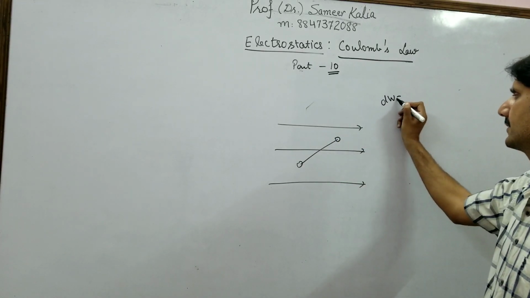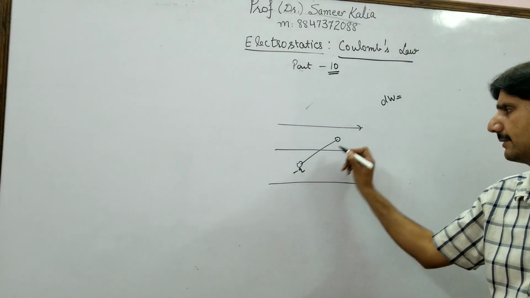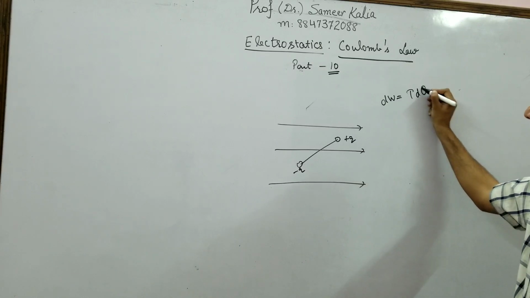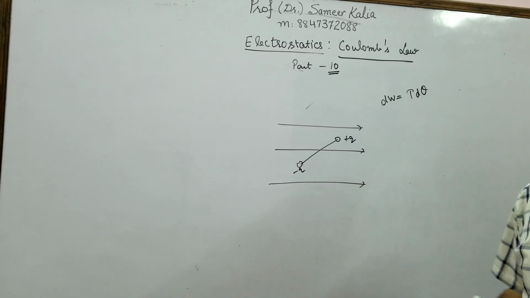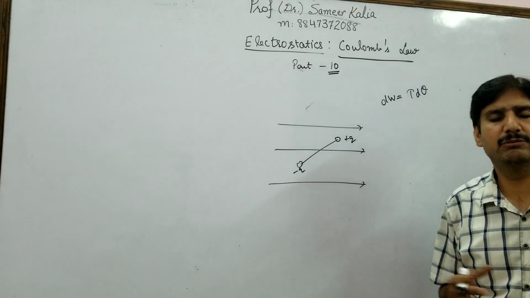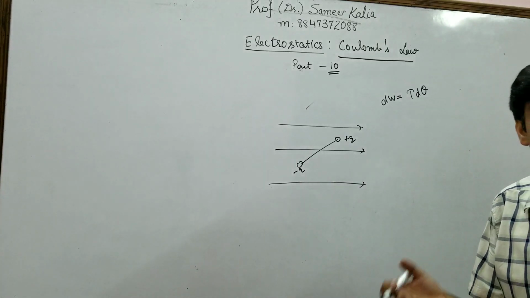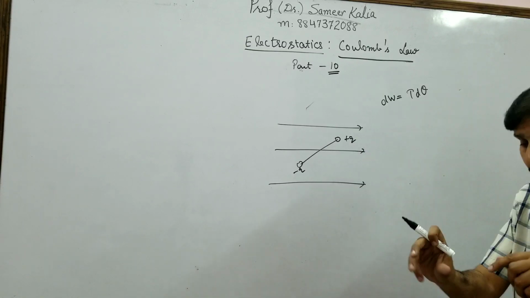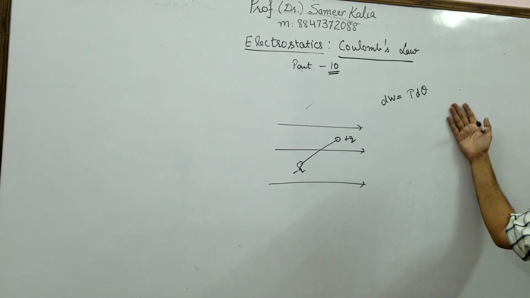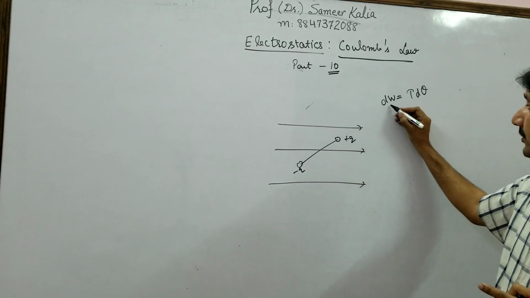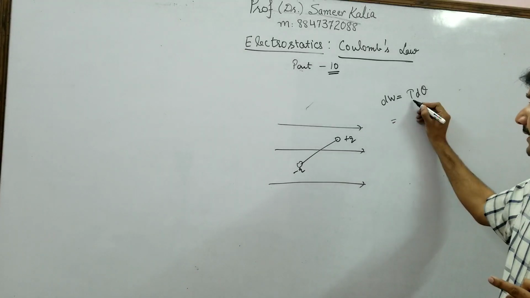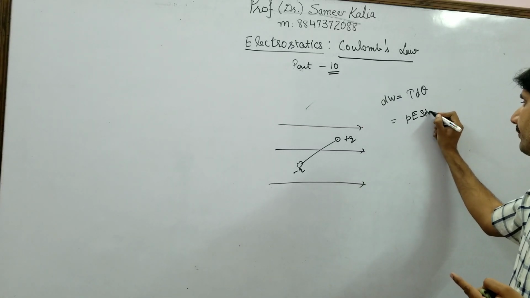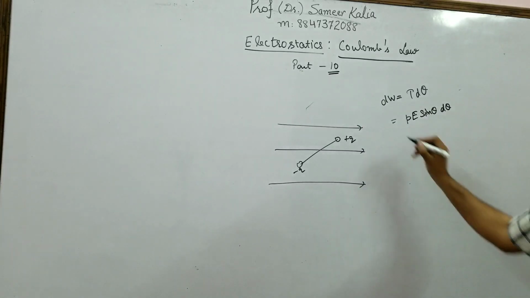This is minus q, this is plus q. I had to do some small work, which is given as torque into d theta, as in translatory linear motion we have force into displacement, which gives the work done. In rotational motion, it is torque into angular displacement, which gives the work done. dW is the work done. The expression for torque we already know, which is pE sine theta. Then we get d theta.